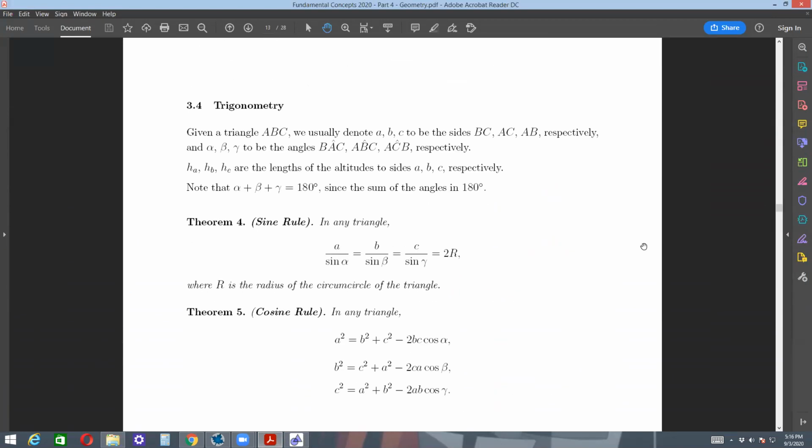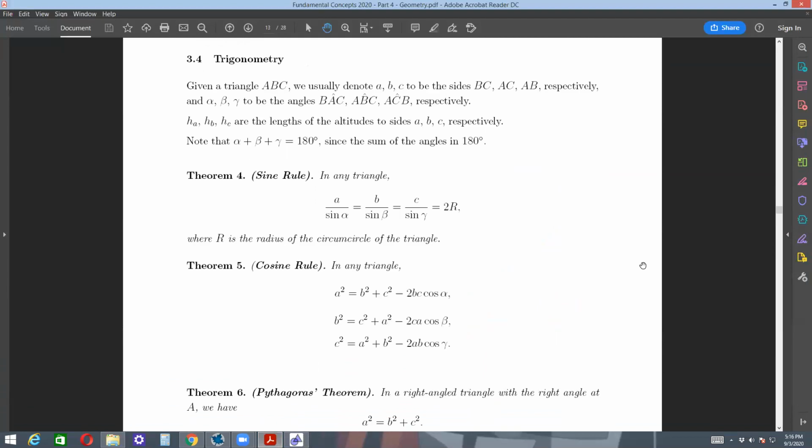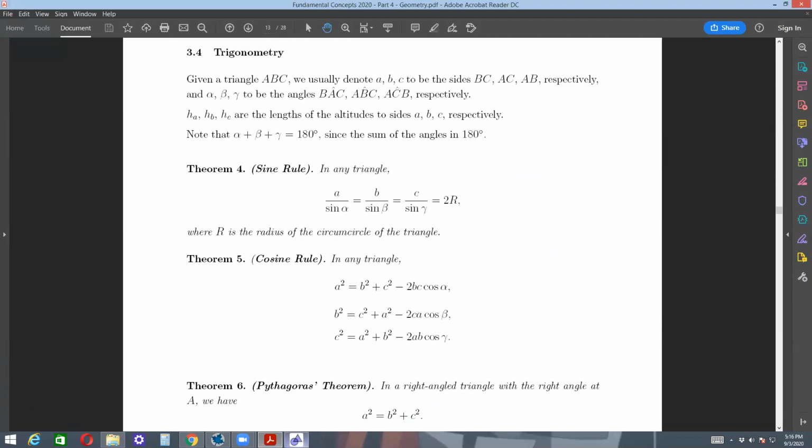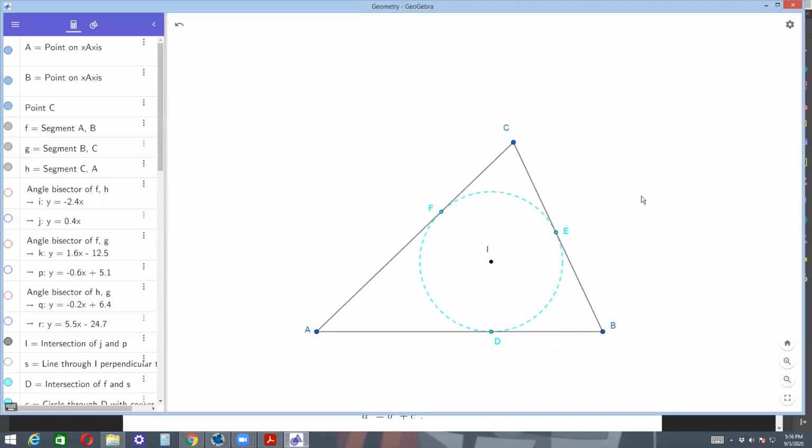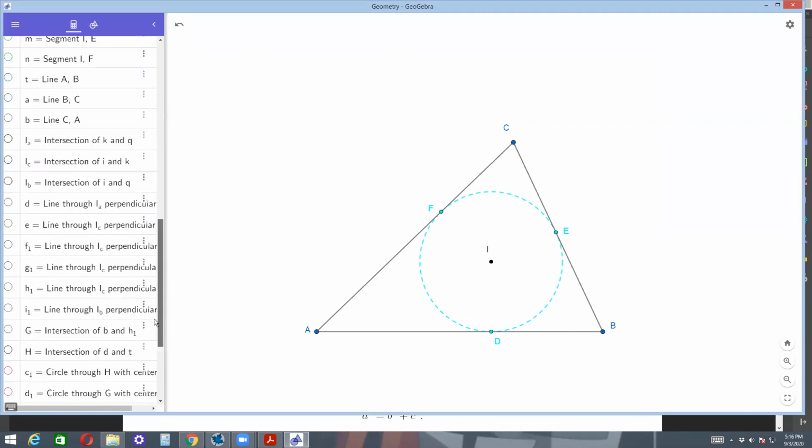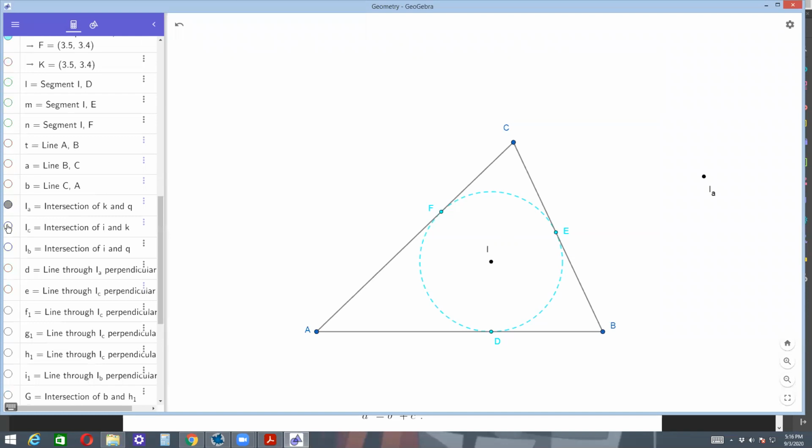All right, any questions on the incircle or the inradius or anything like that before we move on? Just a quick question, right? Yeah. So you have the points IA, IB, IC, and I want to know if there's any relationship between those points and the actual ABC.